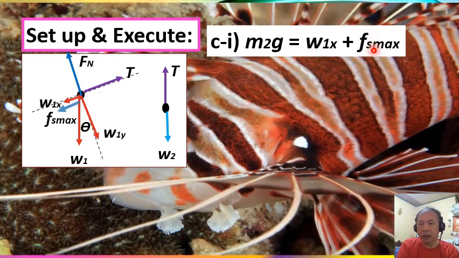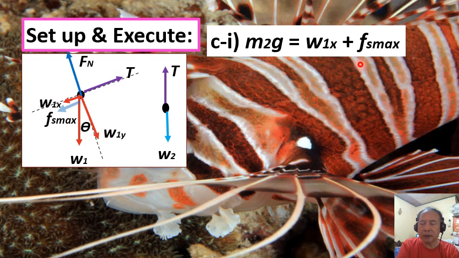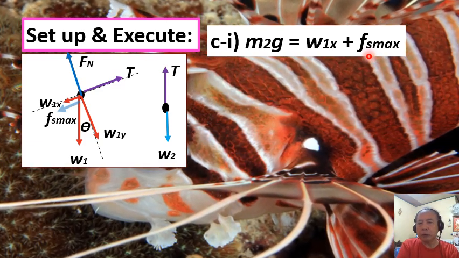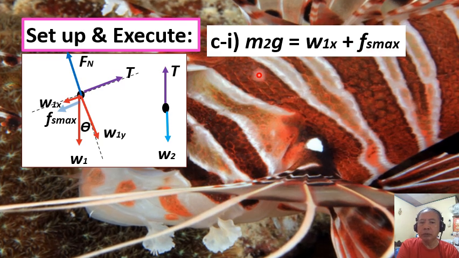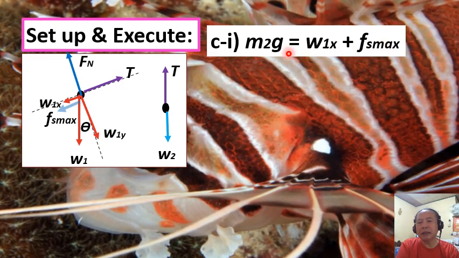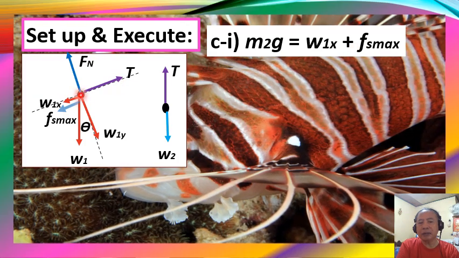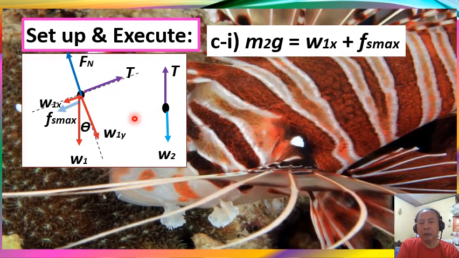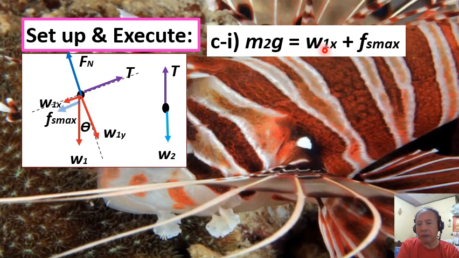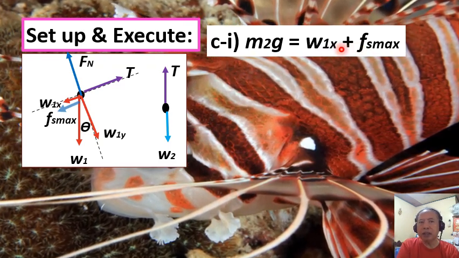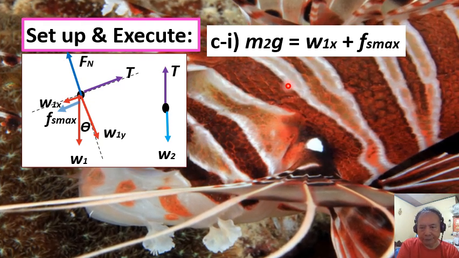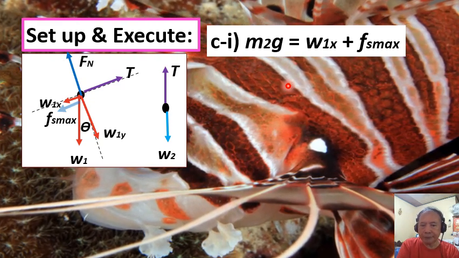Remember, the static friction can range from a value greater than 0 up to what we call the maximum value. And the fact that the two bodies, block 1 and block 2, remain at rest, that's why we are able to apply the law of static equilibrium in this scenario.